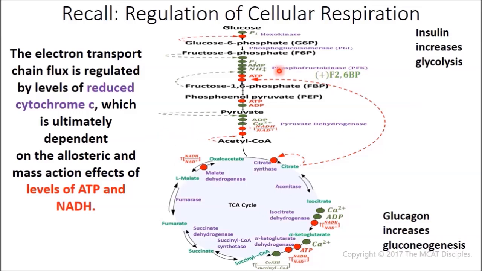PFK controls the level of the reduced cytochrome C that would then oxidize complex 4 to reduce oxygen into water and form the proton concentration gradient that can then be dissipated by the ATP synthase to form ATP. That is controlled by reduced cytochrome C levels, which is controlled by the allosteric effectors, the mass action effects here. Insulin increases glycolysis, glucagon increases gluconeogenesis.